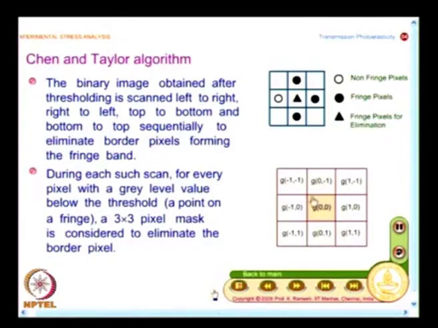And what is also given pictorially is, I want to identify with a triangle, this is the fringe pixel for elimination in this case, and if I have a white circle, it is a non-fringe pixel. Then if I have a dark circle, I consider them as fringe pixels.